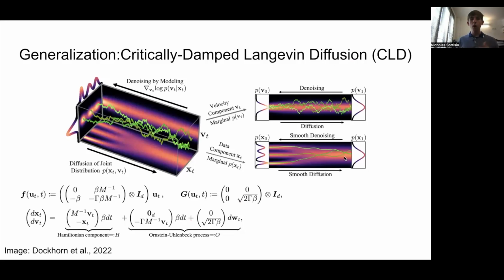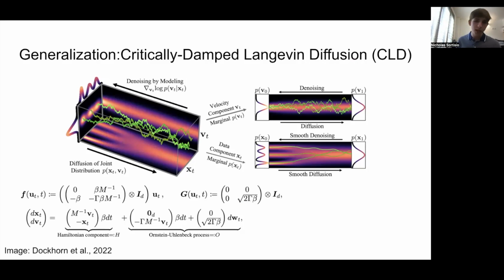So all of these models can be generalized slightly into this notion of Hamiltonian Langevin mechanics. And so it's been proposed that all of the previous techniques I've talked about actually correspond to this high friction, over-damped Langevin dynamics. And that leads to slower convergence than we would like.